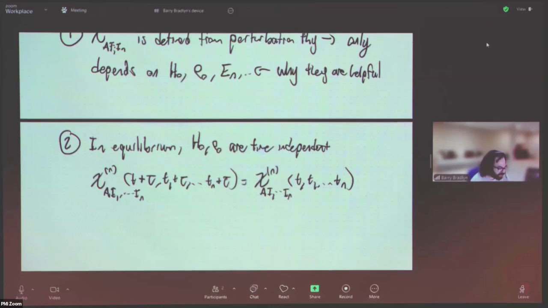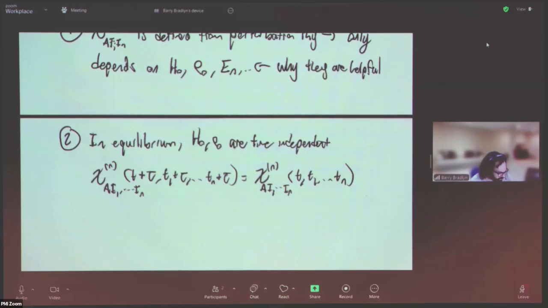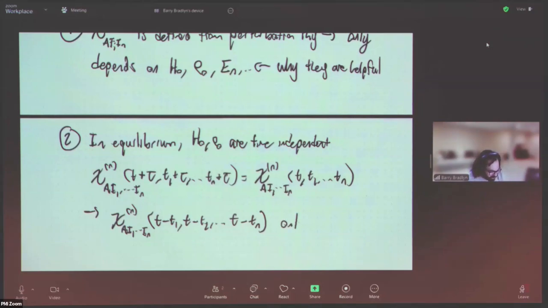It doesn't actually depend on t and t1 and t2 and t3, etc. all independently. It only depends on differences of the time argument. So we can rewrite the time dependence in terms of t minus t1, t minus t2, all the way to t minus tn. It only depends on time differences.